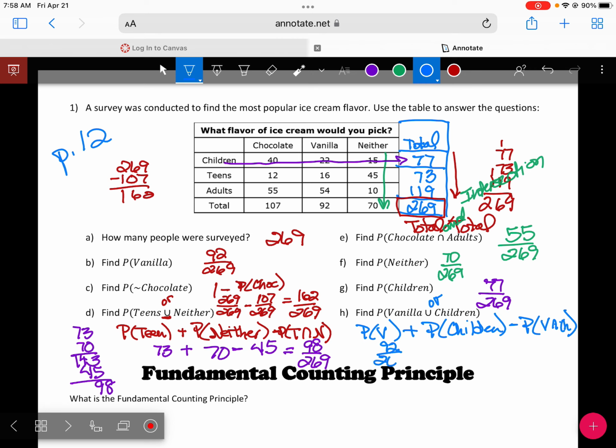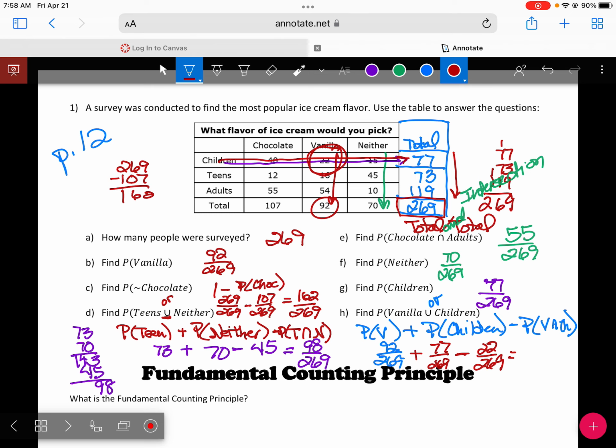It's over 269. We don't have to worry so much about that. We know it's going to be 269. Here's my vanilla, 92. Probability of selecting a child, 77 over 269 minus the intersection of both because we don't want to count those kids twice. So that is my intersection of 22 out of 269.